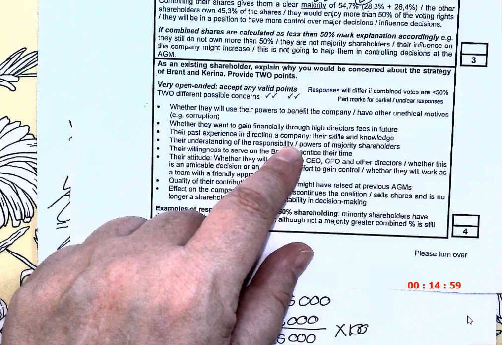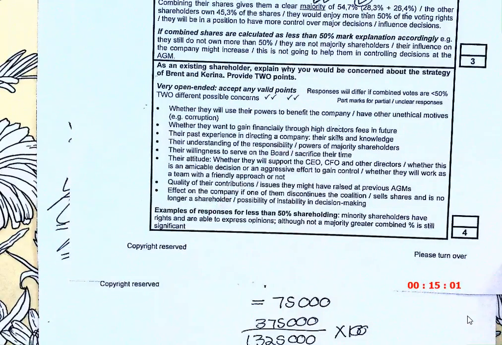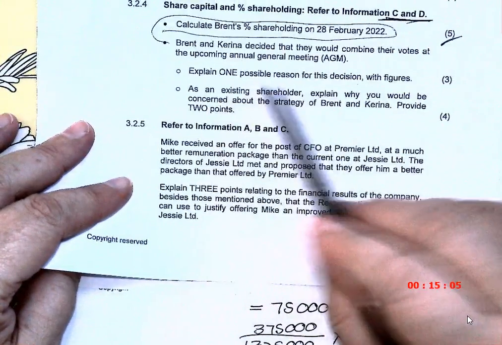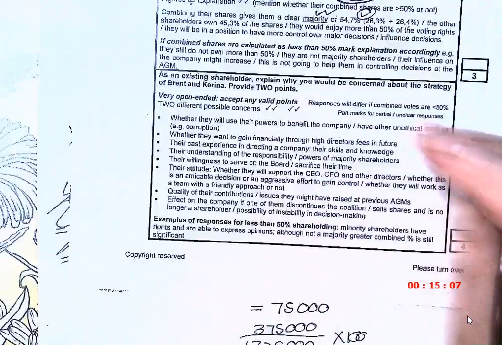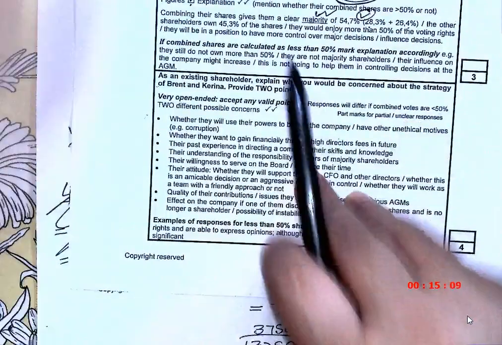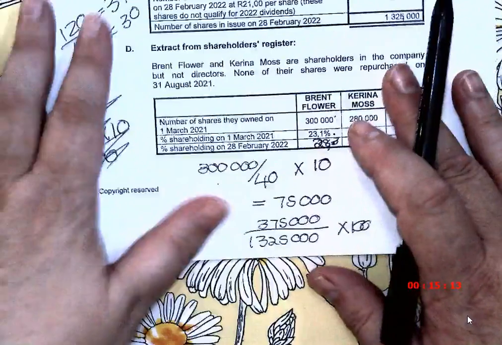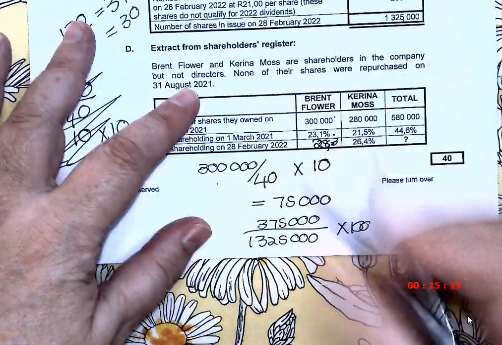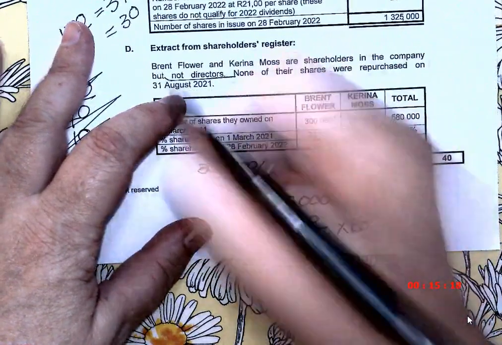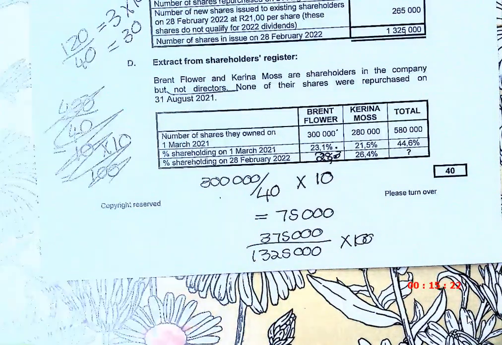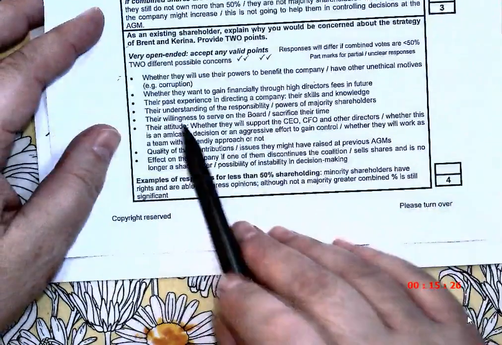Because they are not directors. Let's just quickly go back. Okay, let's quickly look here. They are not directors. But now, because they have so many shares, they could maybe get a position as a non-executive. So that's maybe what they go on here.